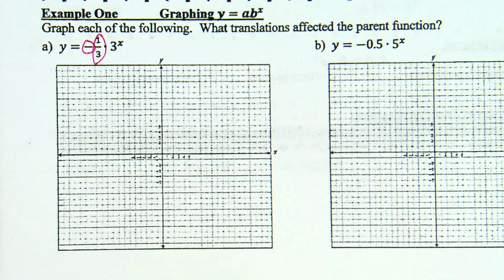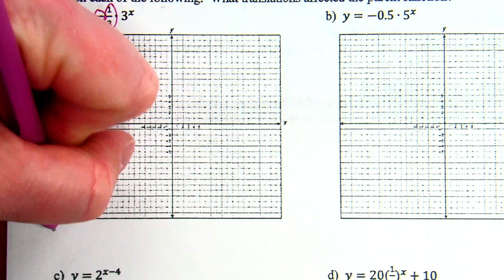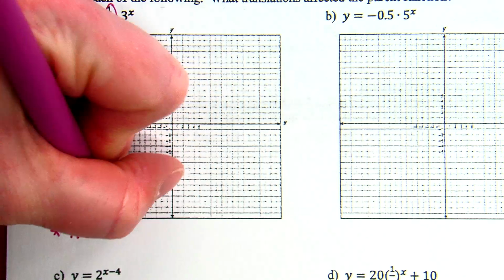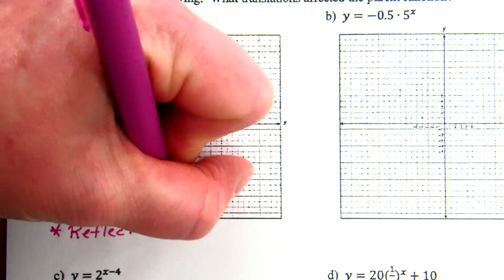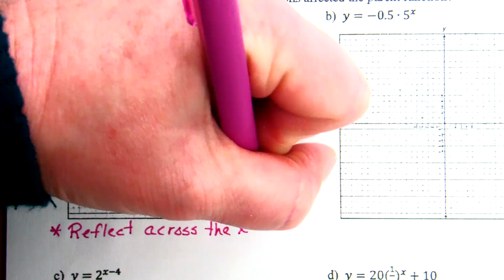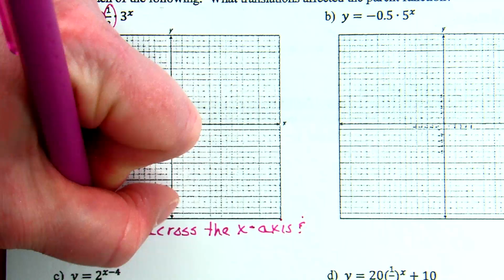So I'm going to go ahead and write this at the bottom, because it did say what translations. So it's a reflect across the x-axis and shrink or compress, I don't care what you say, by a factor of 1/3.